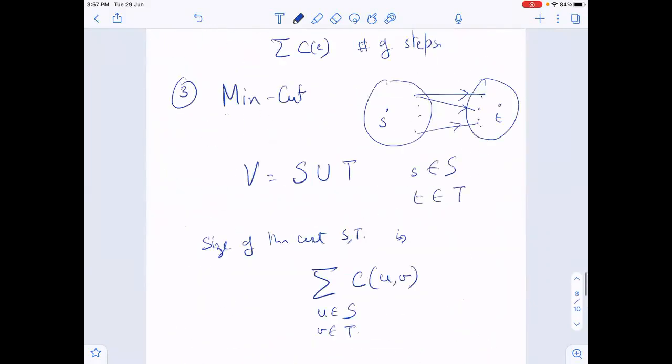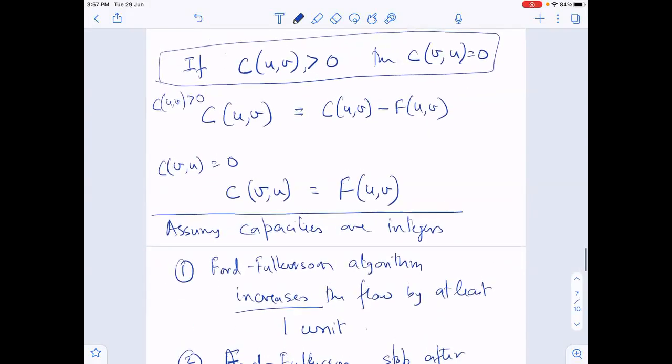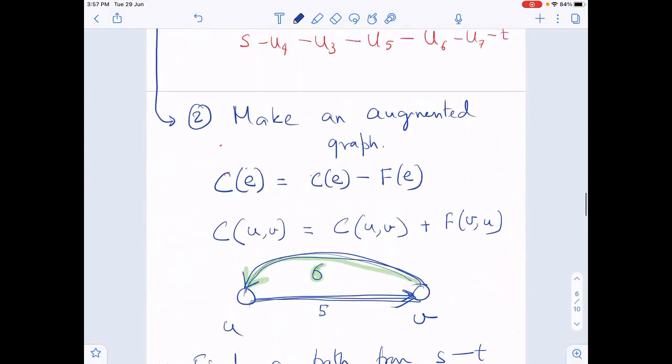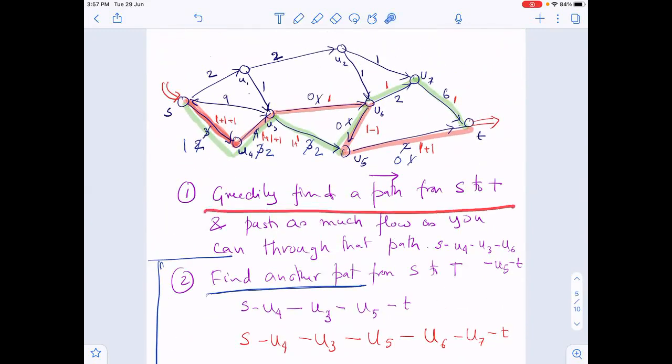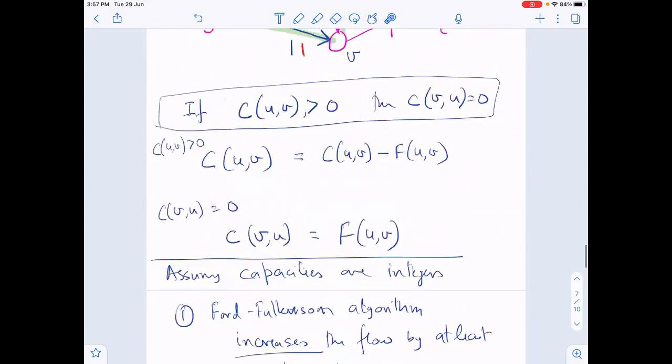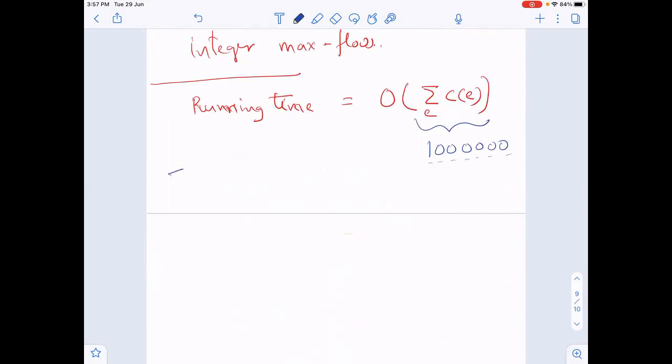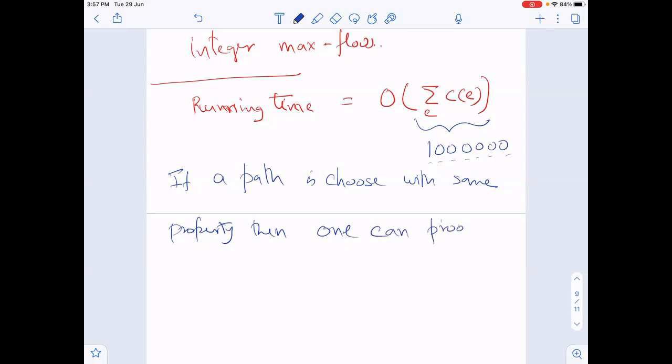There was a place that I kind of skipped over: the first thing that was done is that we were always saying to greedily find a path from S to T. Actually, it turns out that if you do a little bit more than greedily, and you choose a path optimizing something, so if a path is chosen with some property, then one can prove the algorithm is polytime.